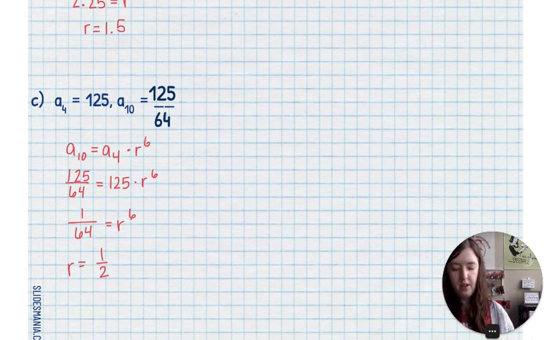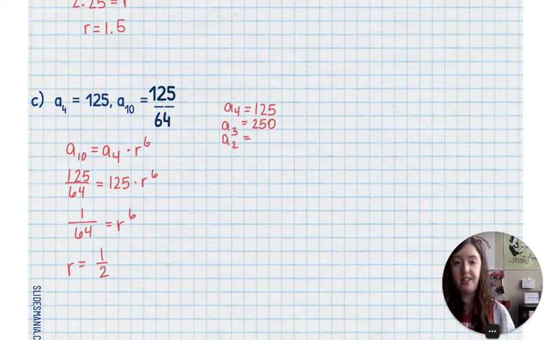Okay, so we knew that our fourth term was 125. Then we'll divide by 1/2 to get the third term. That'll be 250. Then we'll divide by 1/2 to get the second term. That will be 500.